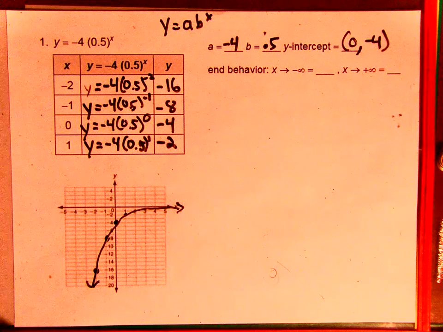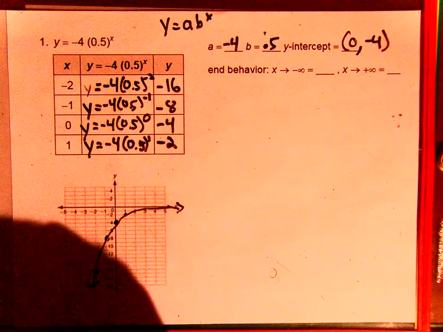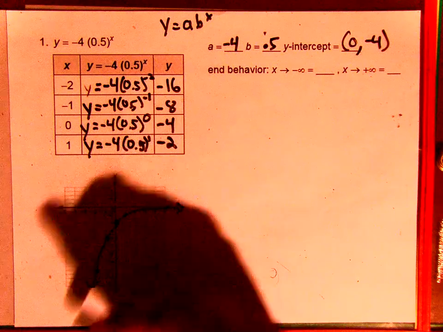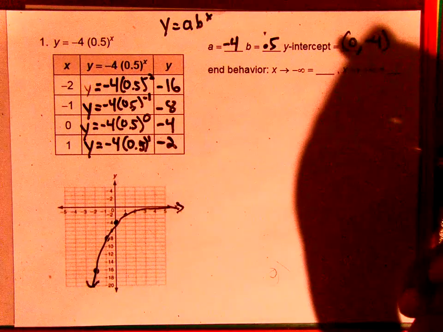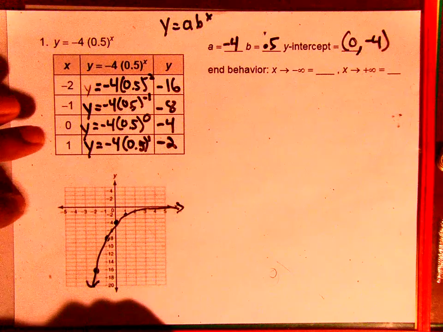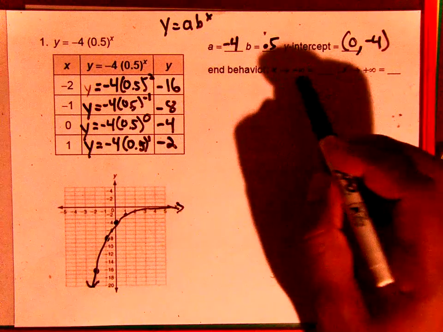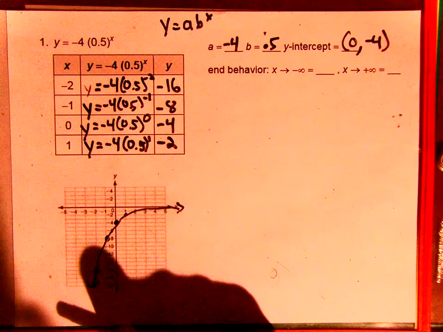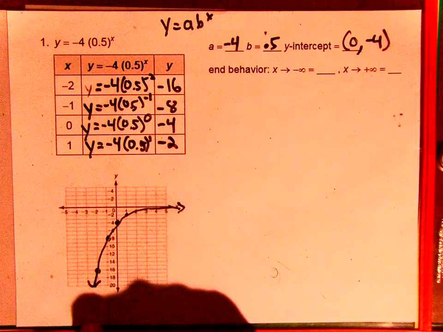Now I'm going to talk about end behavior, and it's exactly what it sounds like. It's like, as you go toward the end of your function, what type of behavior is going on. We're going to do it in two ways: all the way to the left and all the way to the right. So when it says x approaching negative infinity, as far as you can go to the left here, what do you think is going on with the graph?